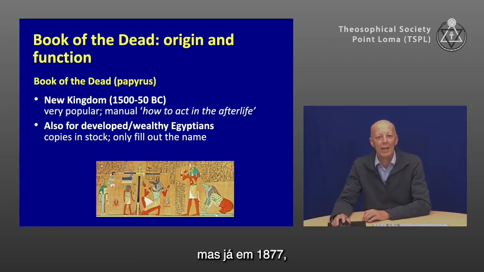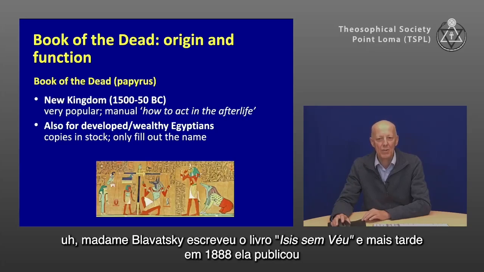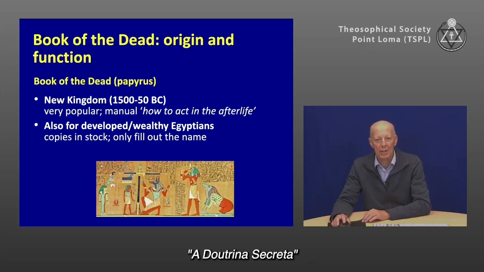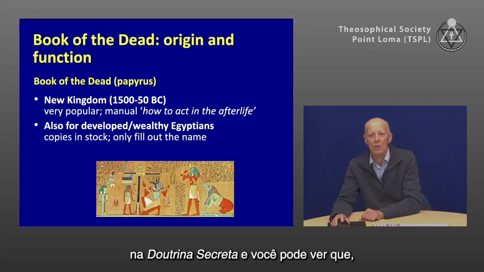But already in 1877, Madame Blavatsky wrote the book Isis Unveiled, and later in 1888 she issued The Secret Doctrine. And in both works she already wrote extensively about passages in the Book of the Dead, also using it to highlight certain aspects of, for instance, the stanzas in the Secret Doctrine.